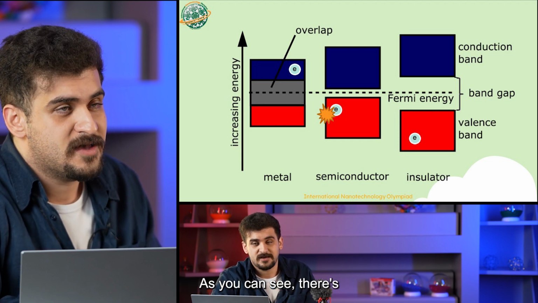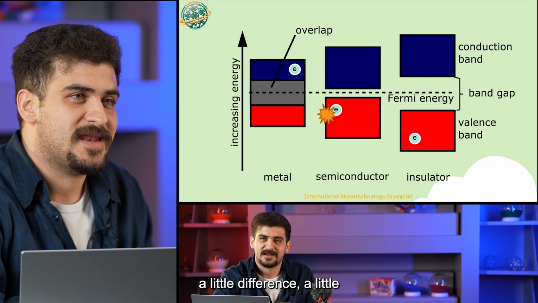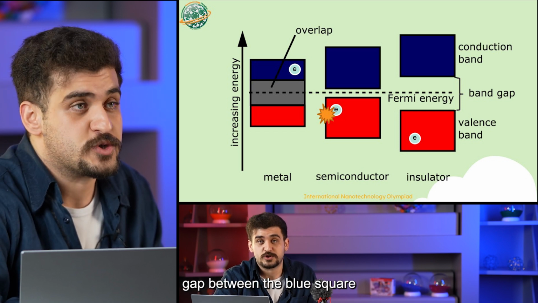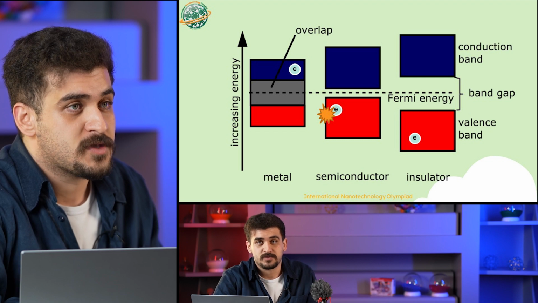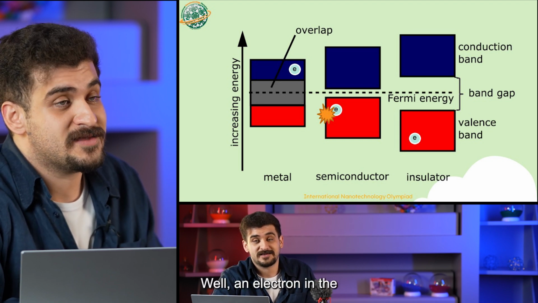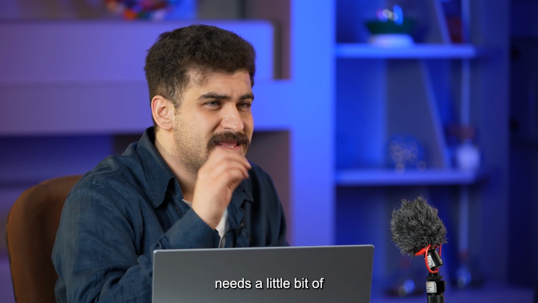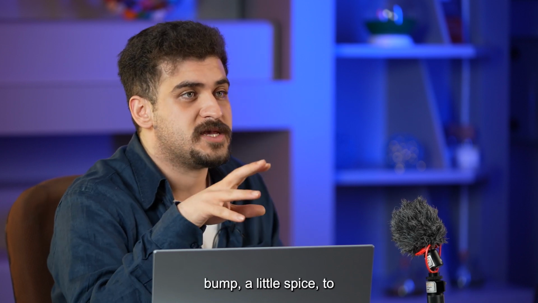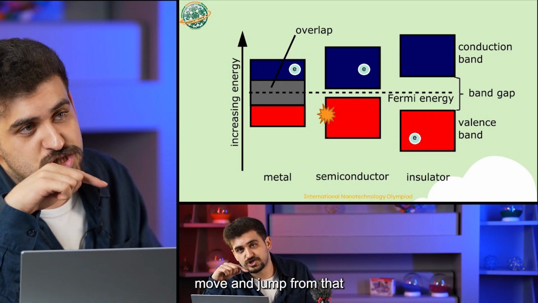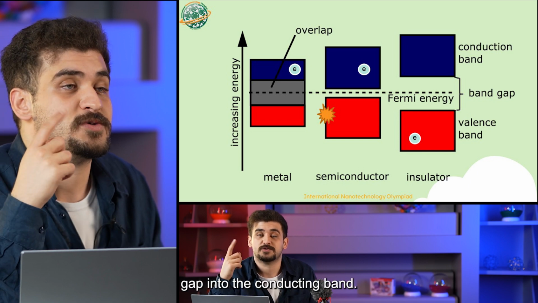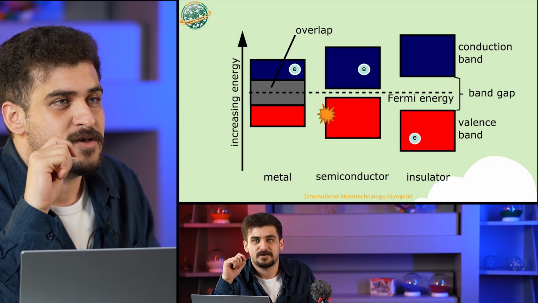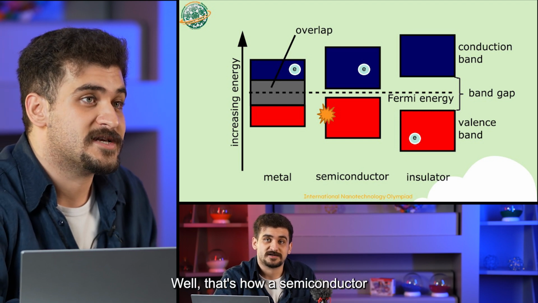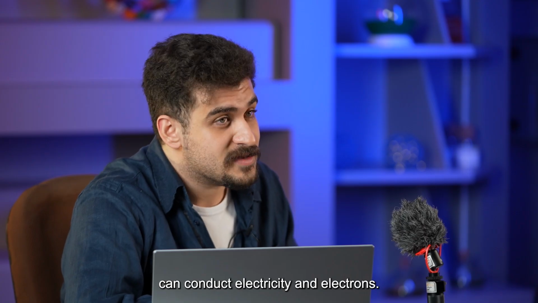As you can see, there's a little gap between the blue square and the red square of a semiconductor. An electron in the valence band of a semiconductor needs a little bump, a little spice, to jump from that gap into the conducting band. That's how a semiconductor can conduct electricity.